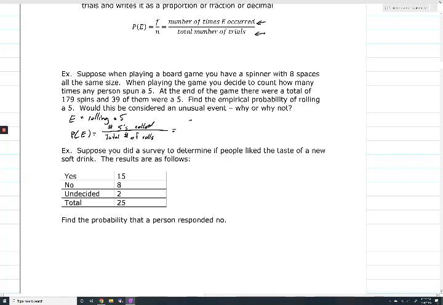So there were 39 5s rolled, and there were 179 total rolls, which gives us a 0.218 chance of rolling a 5. Is that unusual? It is not unusual because it is above 5%.